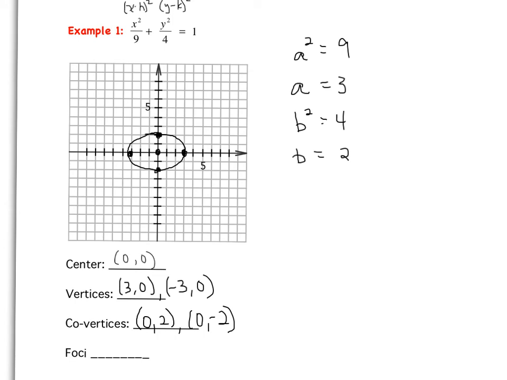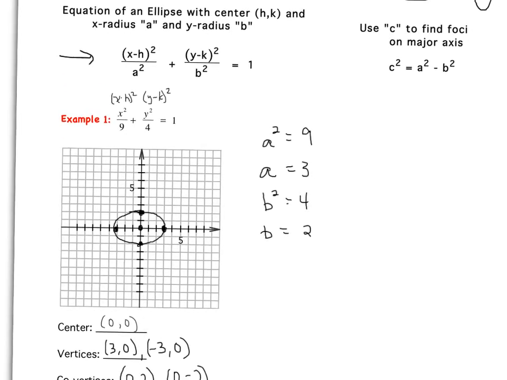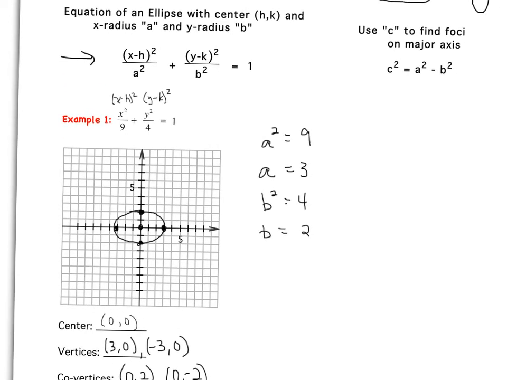We now need to find the foci, and you see on your note sheet that in order to find the foci, over here on the right, we use c squared equals a squared minus b squared. The distance c is from the center to a focus. So for this example, c squared equals 9 minus 4.